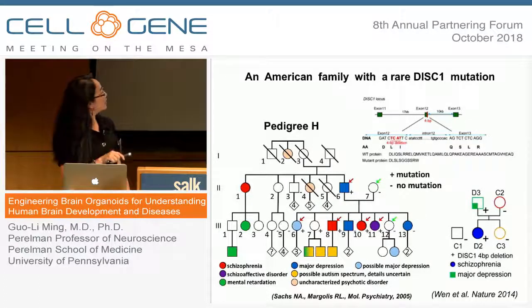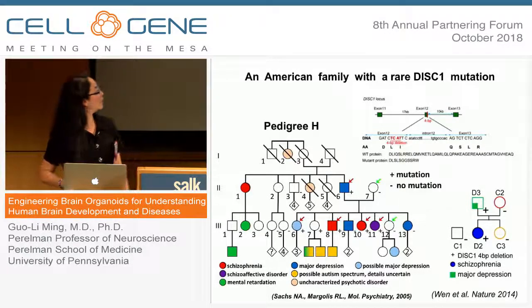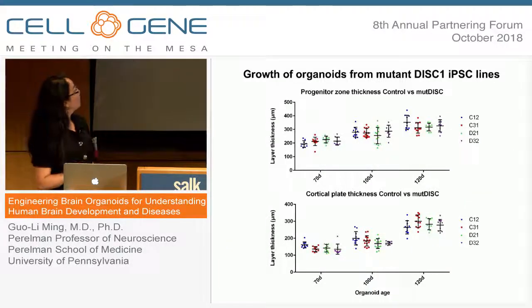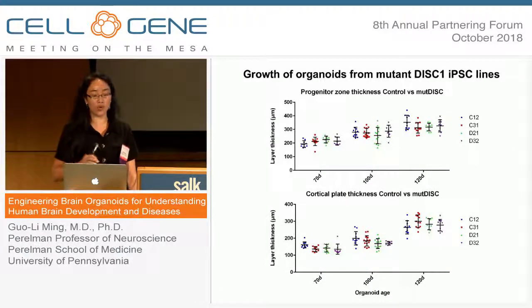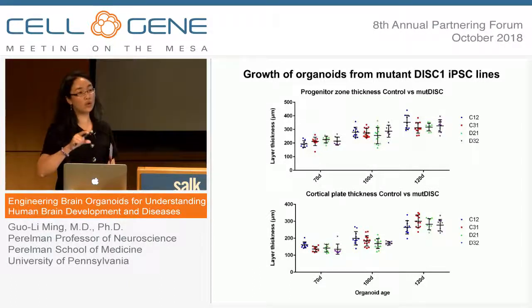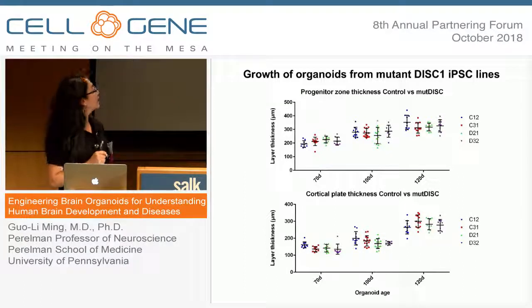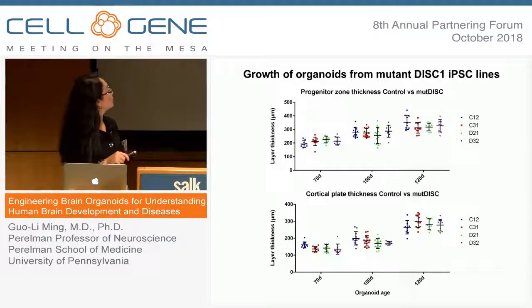So we generate iPSCs from these individuals and then grow organoids from these iPSCs. If we just look at the general growth from these iPSC lines, and quantify, for example, the cortical thickness or the progenitor zone thickness of these organoids, we didn't see any significant differences across the different patients and lines, with the mutation or without the mutation.